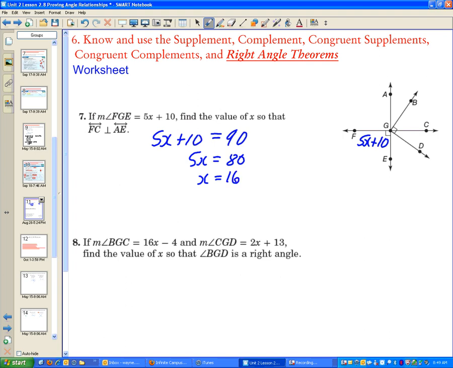Okay. On the next one. If the measure of angle BGC is 16x minus 4, and the measure of angle CGD is 2x plus 13, find the value of x so that angle BGD is a right angle. So, if we have a pair of adjacent angles and the non-common sides form a right angle, those two adjacent angles must be complementary, add up to 90.